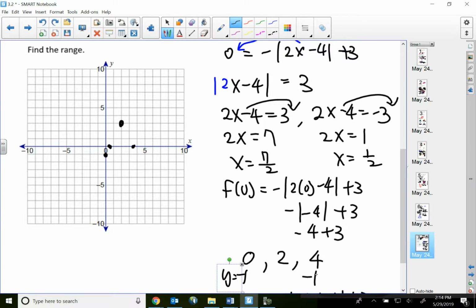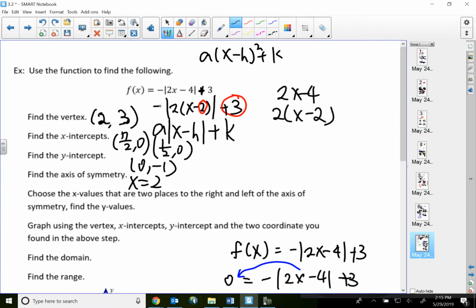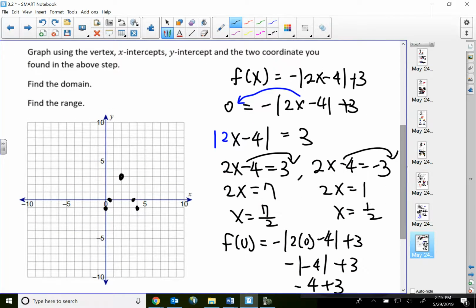This is how we show that this absolute value function is an even function. So that's 4, negative 1. Just like the parabola, this a is negative, so my V shape is going to point downward. All right, there you go.